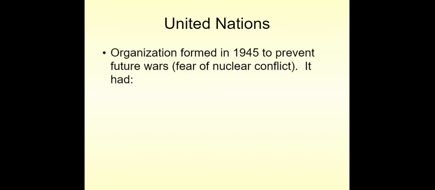And the United Nations is formed in 1945 to prevent future wars, specifically to prevent nuclear conflict. At the end of World War II, we used those bombs on Japan at Hiroshima and Nagasaki. We are very much concerned about the use of atomic weapons in another war, and we want to prevent that.